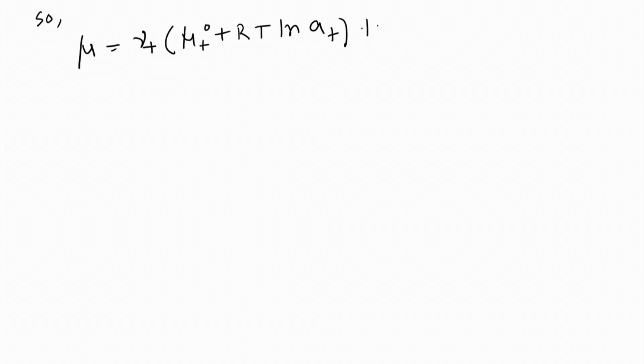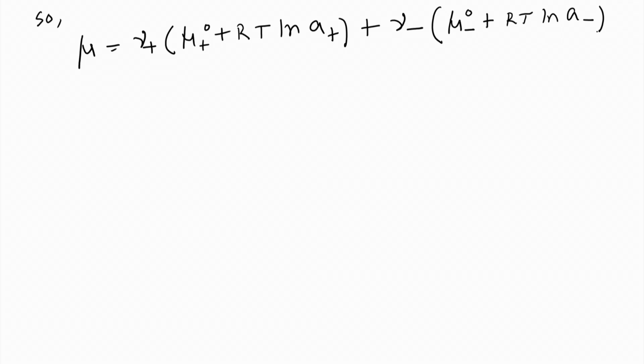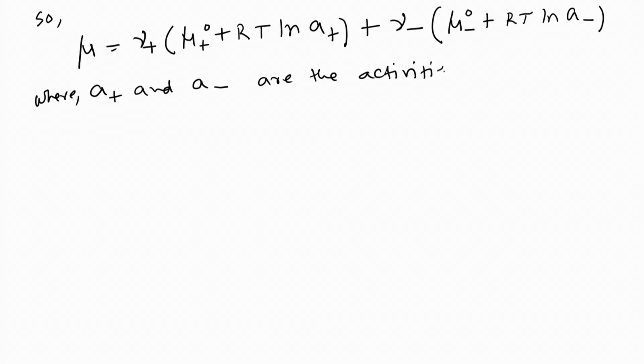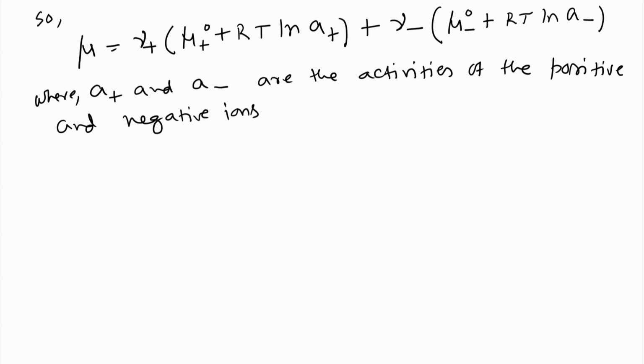So mu is nu plus times mu plus naught plus RT ln A plus, plus nu minus times mu minus naught plus RT ln A minus, where A plus and A minus are the activities of the positive and negative ions respectively.